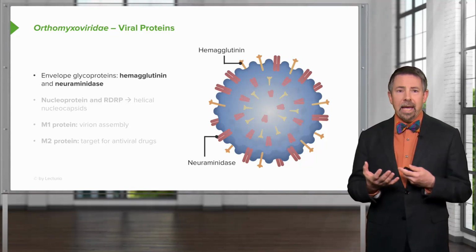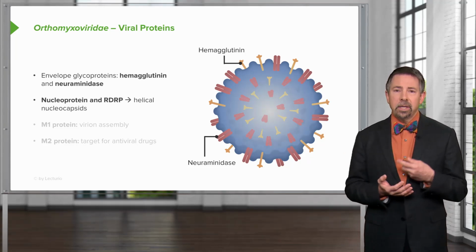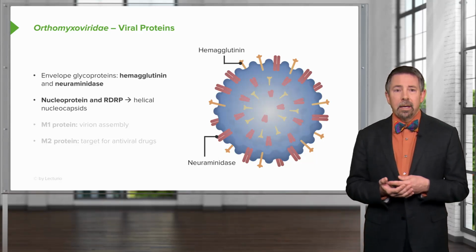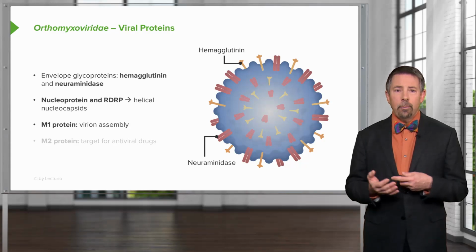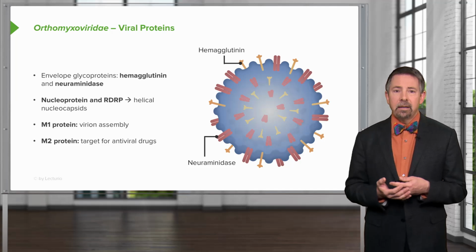Within the helical capsid are also nucleoproteins and the RNA-dependent RNA polymerase, the RDRP. In addition, influenza A especially contains M1 and M2 proteins important for virion assembly, and M2 is a target for some other antiviral drugs.